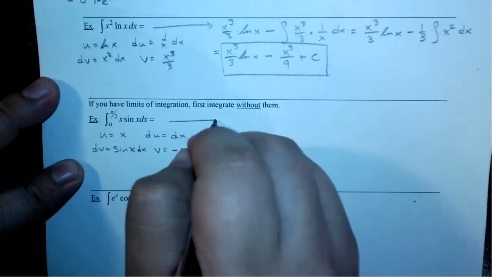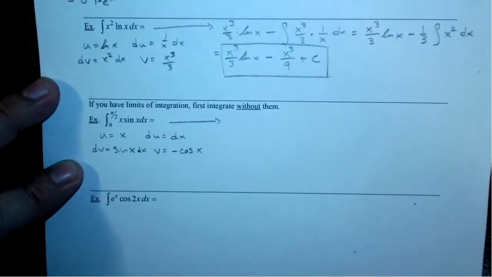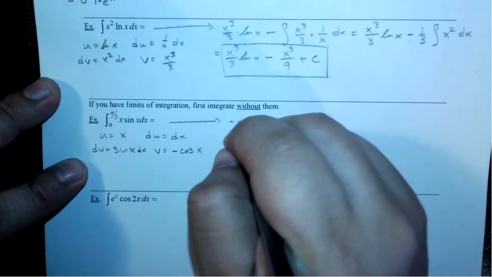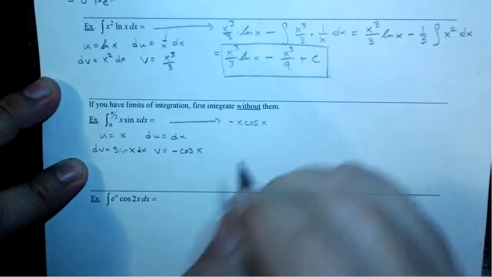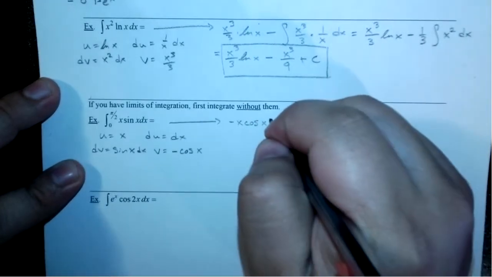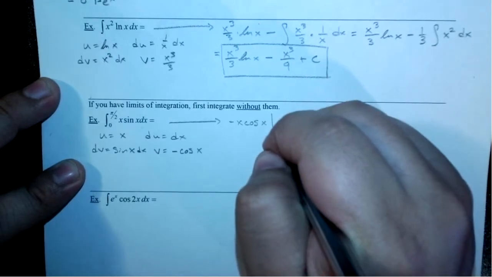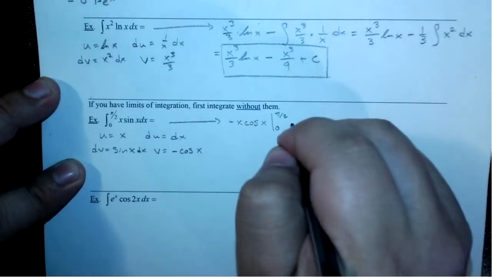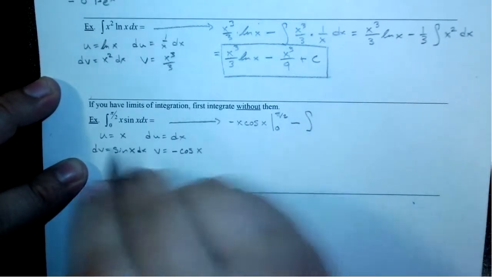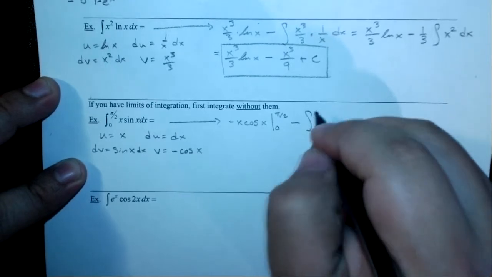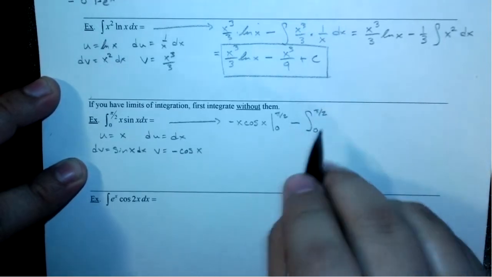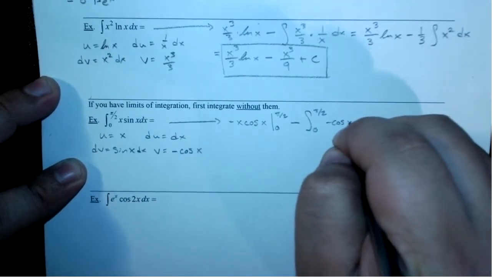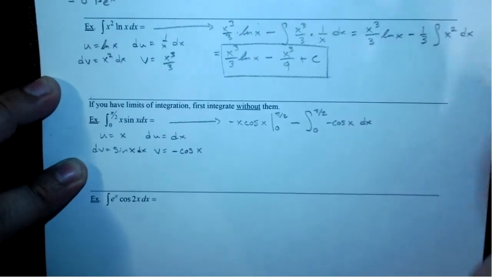Okay, now here's where it changes just a little bit. The first part is u times v, so it was negative x cosine of x. And because this is done, we have to evaluate this from 0 to pi over 2. Now we subtract the integral from 0 to pi over 2 of v du, so negative cosine x dx.